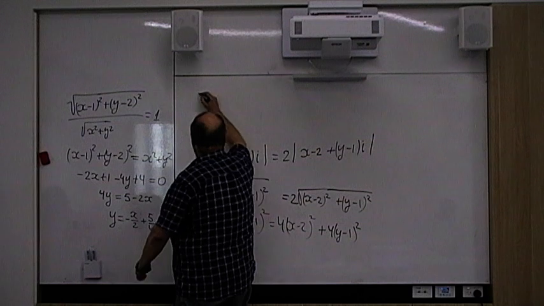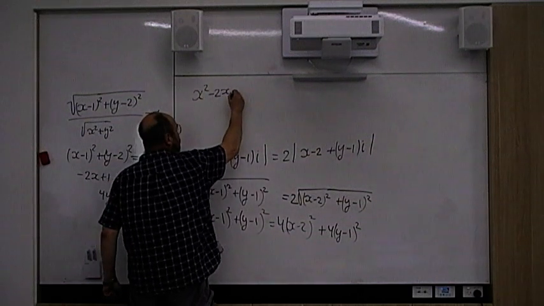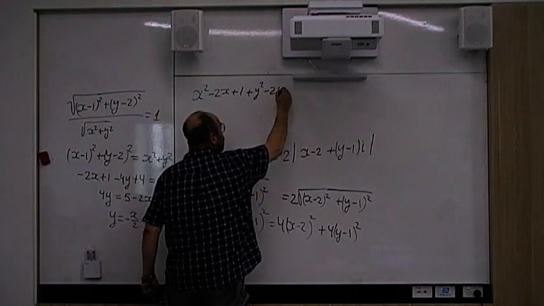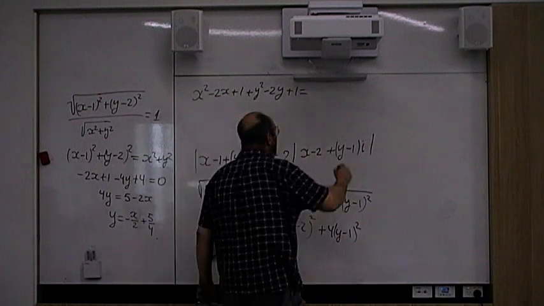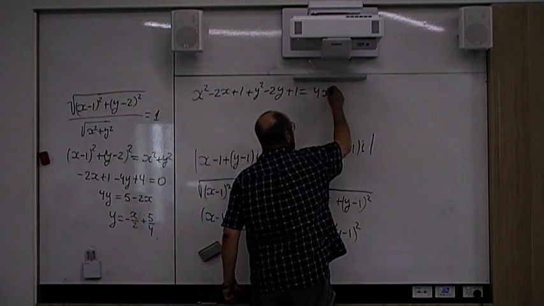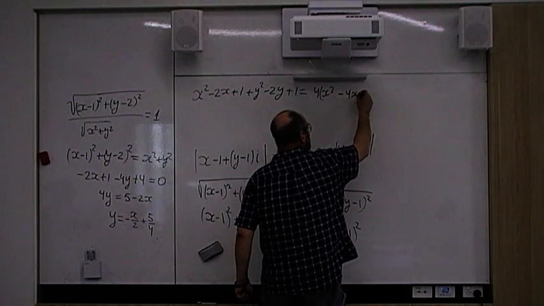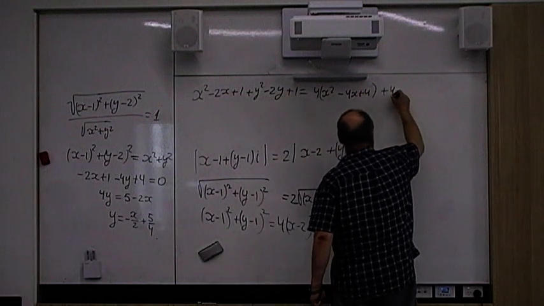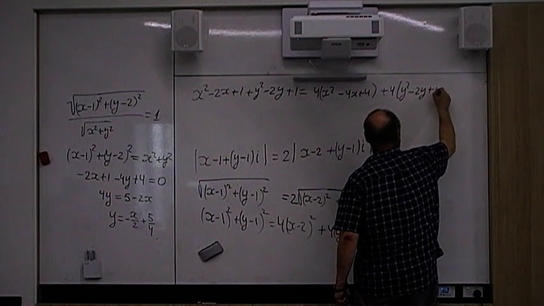So we have x squared minus 2x plus 1 plus y squared minus 2y plus 1 equals 4 times (x squared minus 4x plus 4) plus 4 times (y squared minus 2y plus 1).